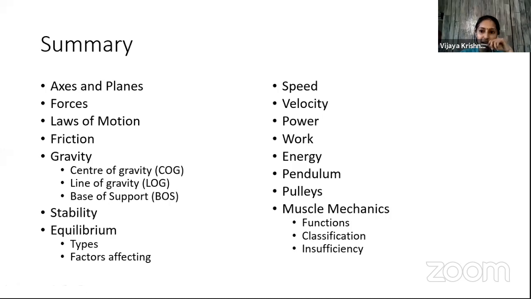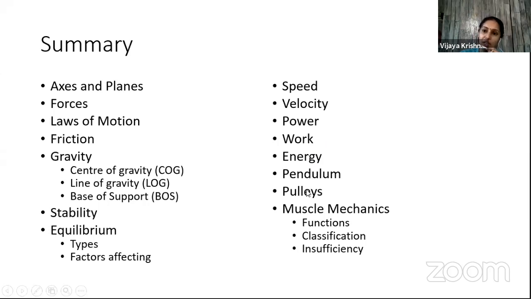The next thing that we are going to see is the equilibrium. The types that we saw here were stable equilibrium, unstable equilibrium, and neutral equilibrium. We also saw the factors that are affecting the equilibrium. Other concepts that we read about are speed, velocity, power, work, energy, and all of these features and how they affect the human body motions.